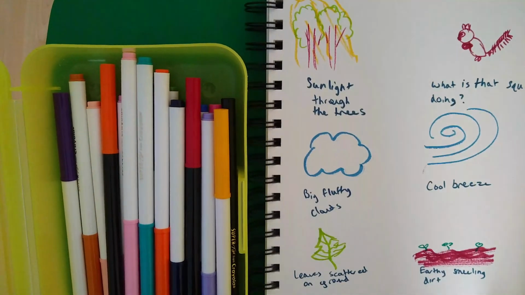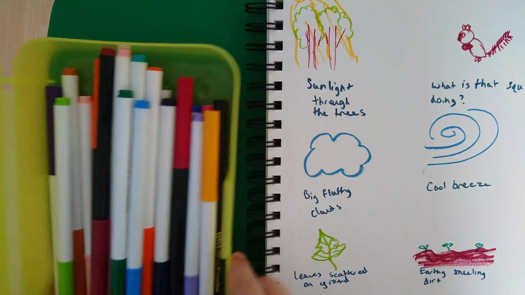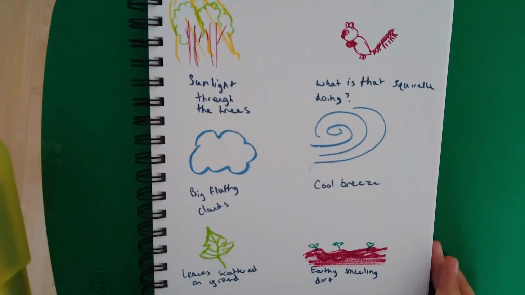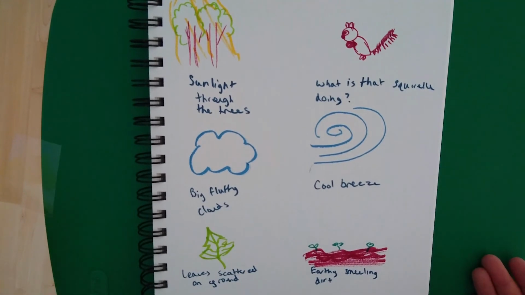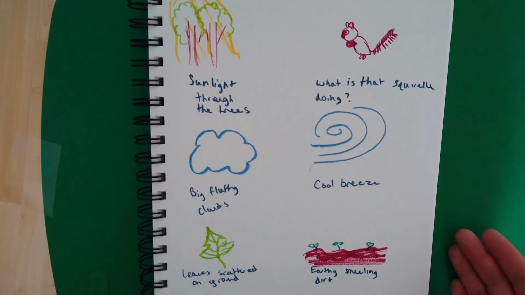Okay, and here is what I created with my nature journal. Can you show me what your nature journal looks like? Wow, amazing work. I love how creative it is and all the details that you put into your journal. Great job.